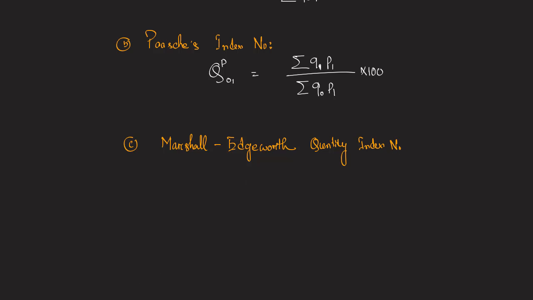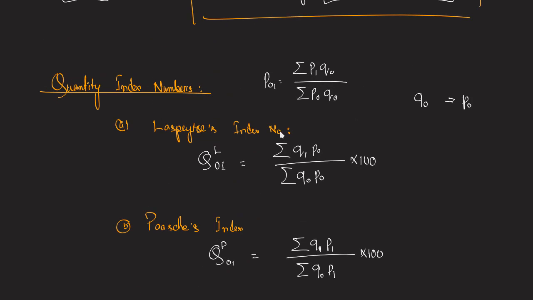You can ignore the word number, writing index is sufficient. In each case there should be quantity in between.